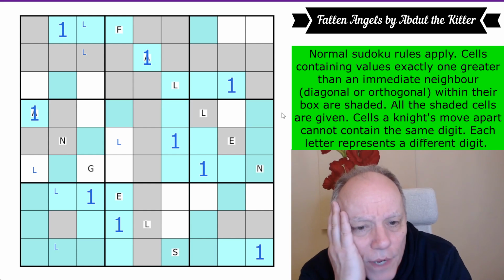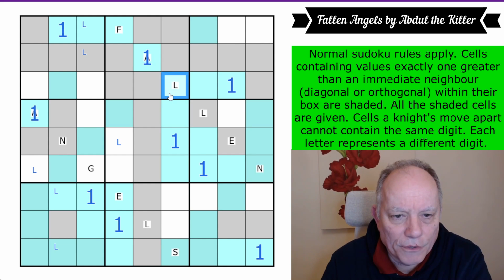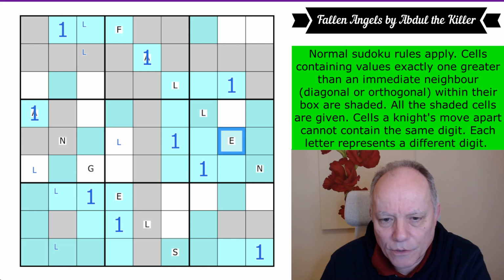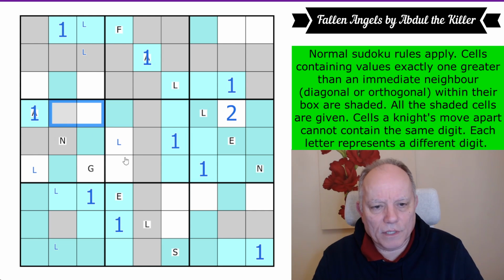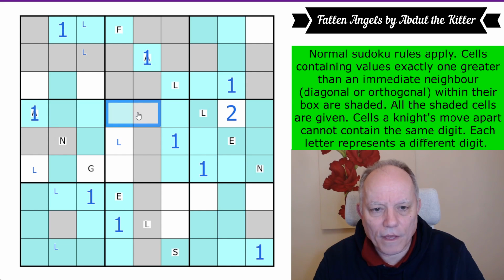Now, L we have said is not 2 in box 2, so it's not 2 here either. E is not 2 in box 8, so it's not 2 either. We've only got one cell left for 2 in box 6. Now, those aren't 2. Lots of things aren't 2 as a result of finding an actual 2. That one as well.